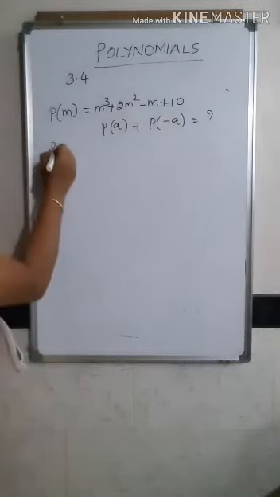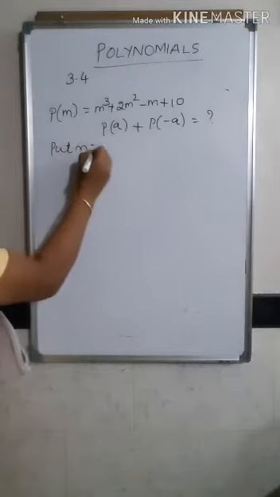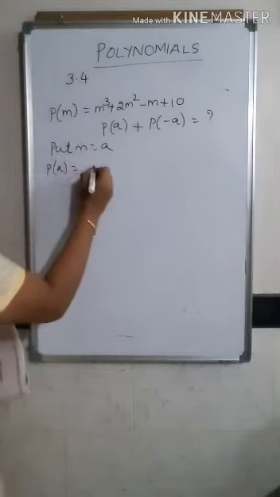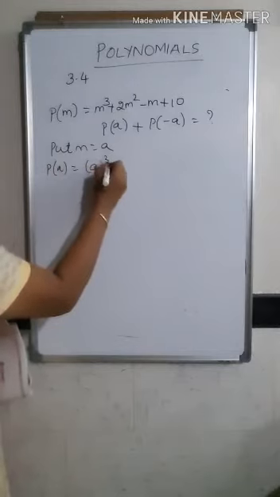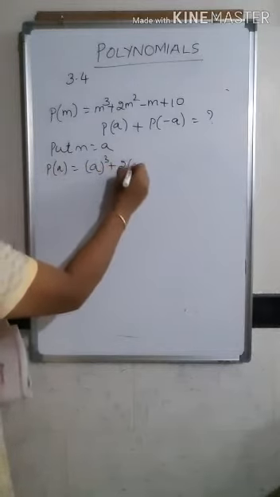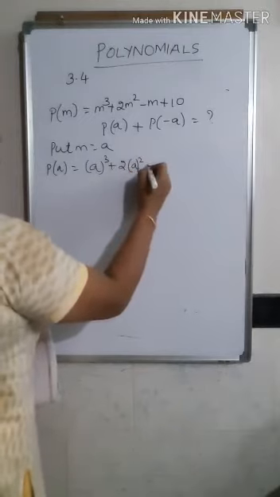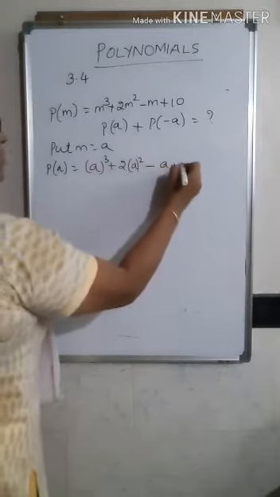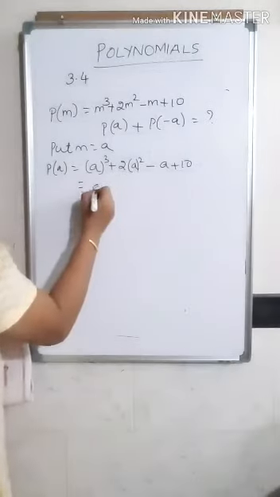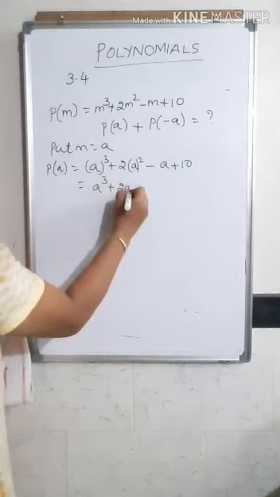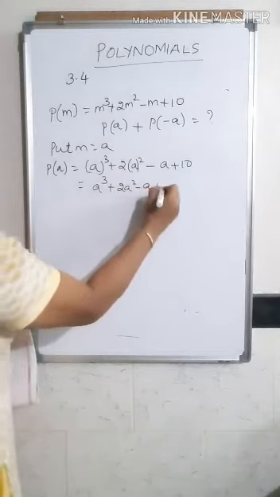First we put the value of m is equal to a. So you get p of a is equal to a cube plus 2a square minus a plus 10.